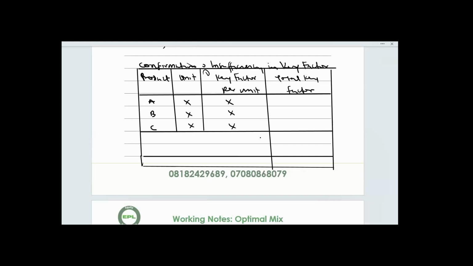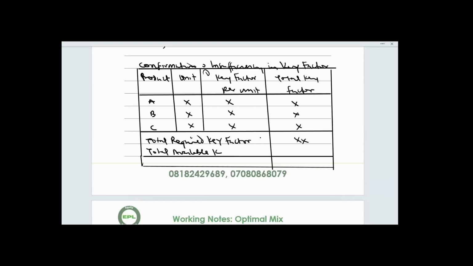All right. So to get the total key factor, you multiply the units with the key factor per unit. So you post, then you add everything together. This will give you total required key factor. Okay. Then you compare this total required key factor with the total available key factor.